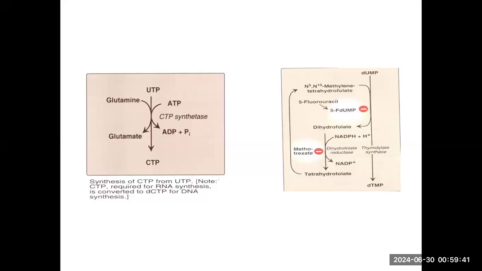That amino group is contributed by glutamine, which is converted into glutamate, and the enzyme is CTP synthetase because ATP is required in this reaction. Synthesis of CTP from UTP. Remember, the CTP required for RNA synthesis is converted to deoxy-CTP for DNA synthesis.